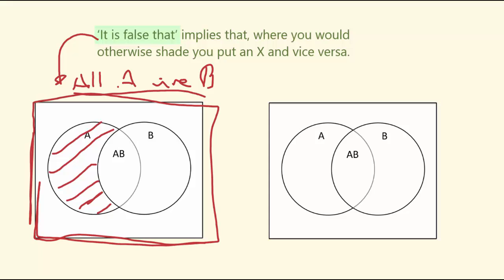And for it to be false is for there to be at least one thing that is A and not a B, right?